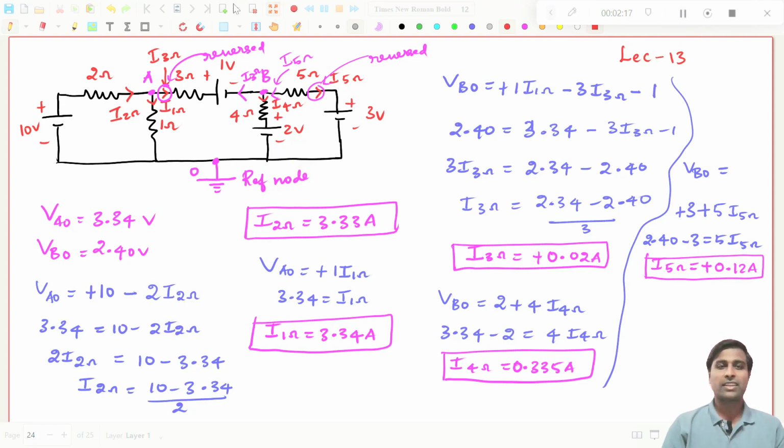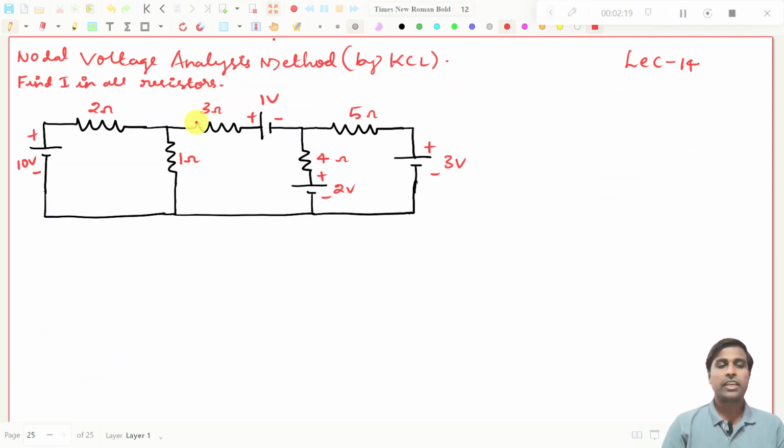In this lecture, we are going to see the same problem. We need to find the current in all resistors. That is the question given to us. This is the nodal voltage analysis method, so you simply see how many nodes there are.